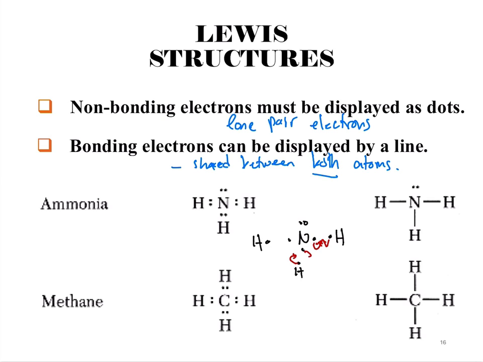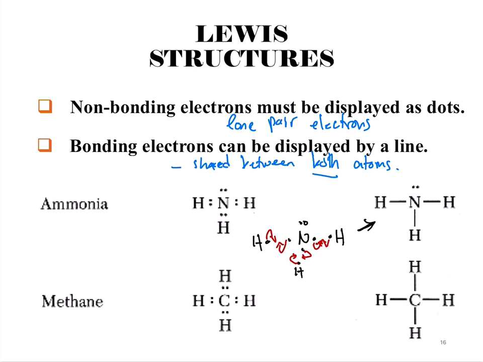So that goes there, that goes there, and there. And then that's how we get to this final structure. And we'll talk about the process in doing that. But right now we're just learning to count the number of valence electrons and see if these satisfy. Hydrogen satisfies the doublet, and then nitrogen satisfies the octet rule.